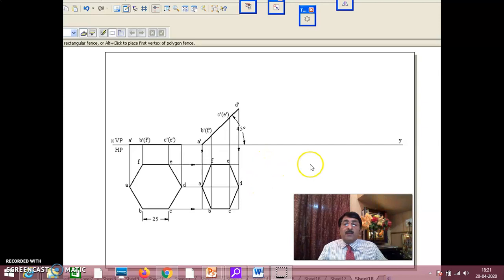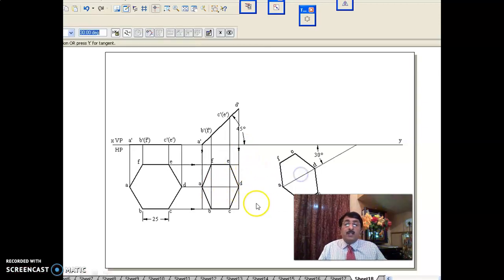Now what we are doing here is, this surface is inclined at 45 degrees to HP, and I got the top view. Keeping the inclination constant at 45 degrees, if I rotate, that means it is pivoted at A, because A is on HP. Whatever you do, as long as the inclination of 45 degrees to HP is constant, the top view won't change. You can make it to any position.